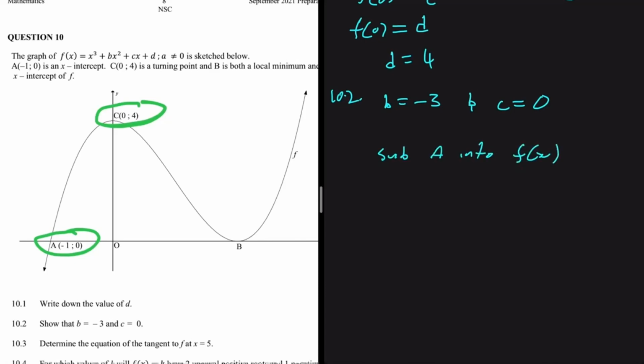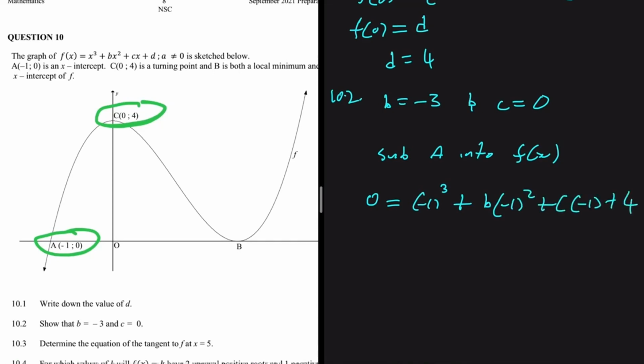So if we sub A into f of x, in place of f of x or y, we're going to get 0 equals, and in place of x cubed, we're going to have -1 cubed plus b multiplied by -1 squared plus c multiplied by -1 plus d.